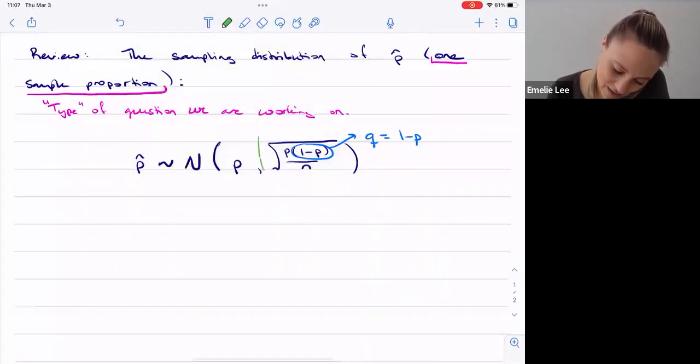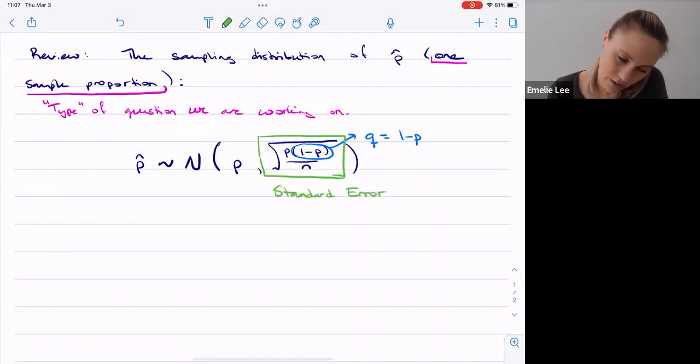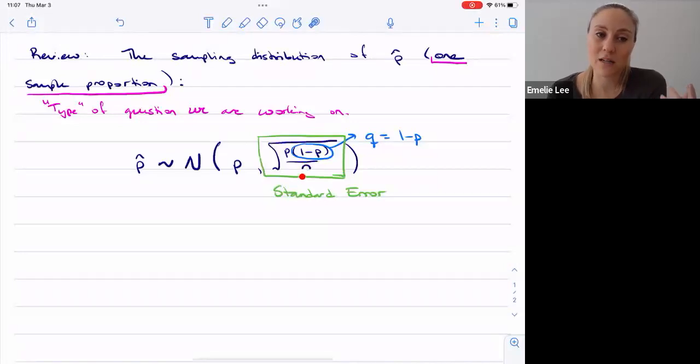And this chunk here is the standard error. Now, this is where things get a little bit weird, okay? Because, well, we know that this space in the notation that we're using here is really for the standard deviation.